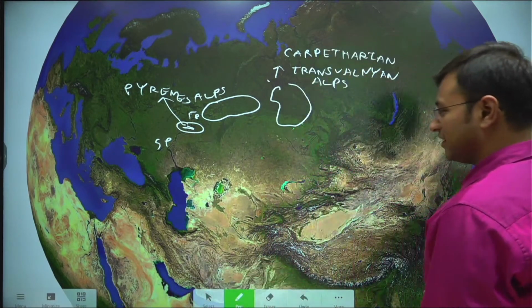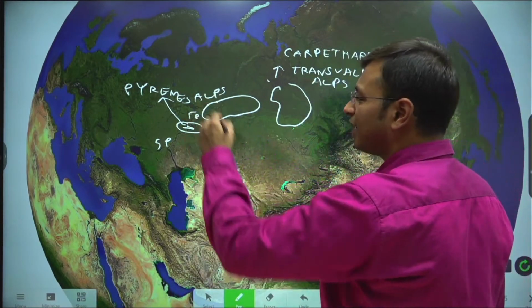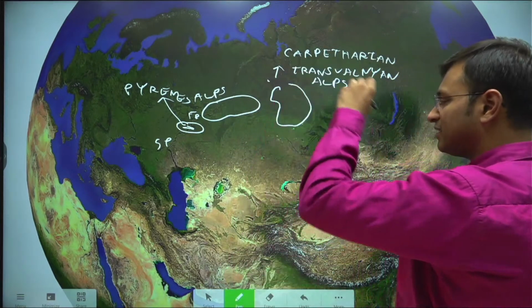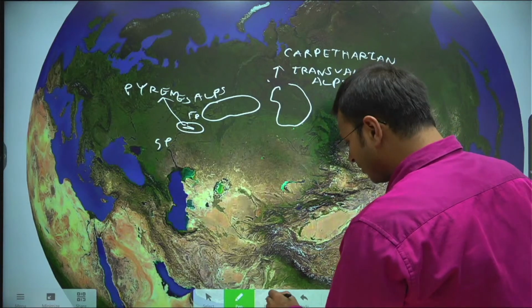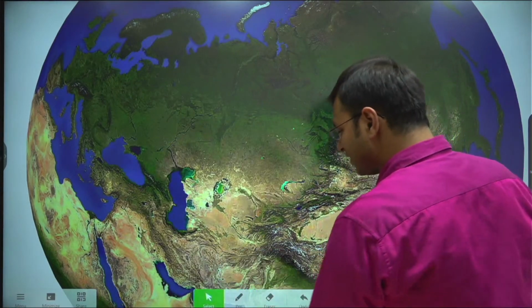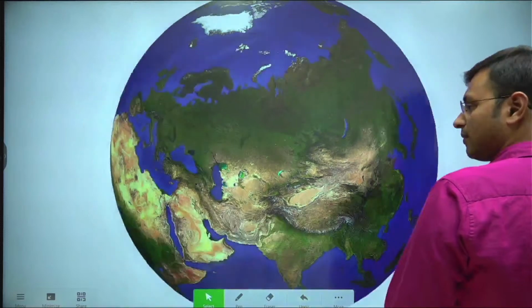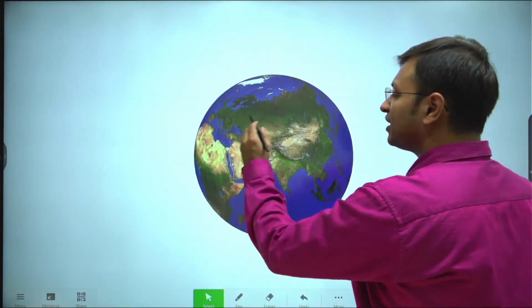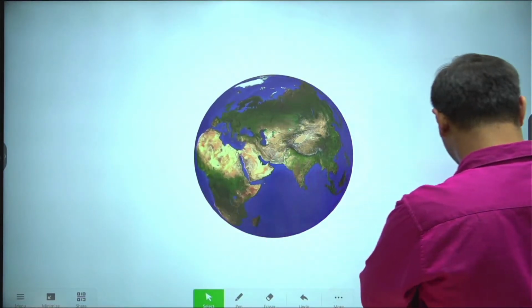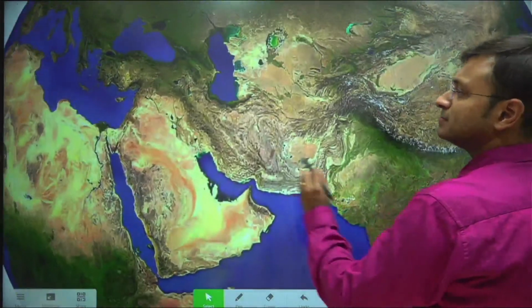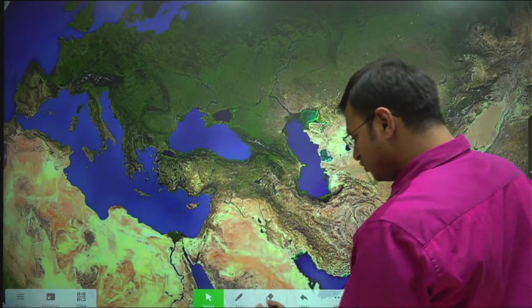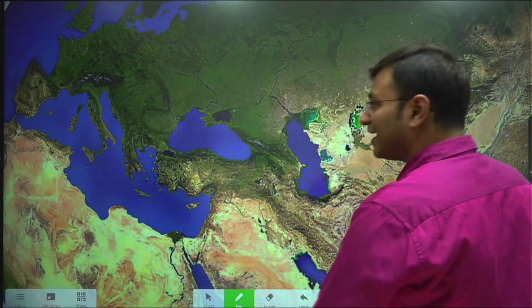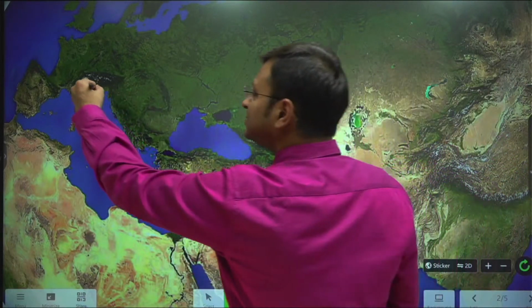Okay, let's move ahead. So you have the Pyrenees, the Alps, the Carpathian Mountains, the Transylvanian Alps. I'm rubbing these entries now and slightly zooming out. After that you have an entry called the Apennines of Italy.